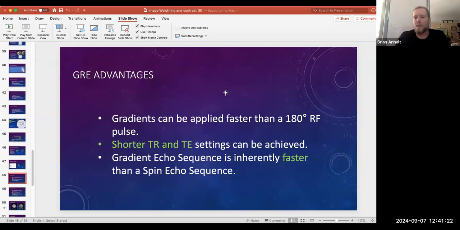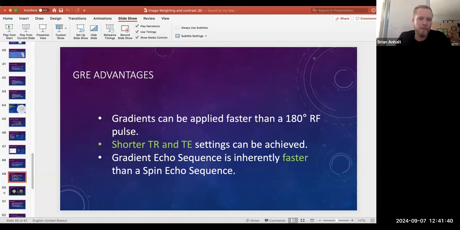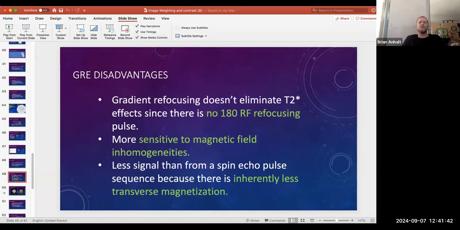Gradients can be applied much faster than the 180-degree RF pulse, meaning shorter TR and TE settings can be achieved. Gradient echo sequences are inherently faster than spin echo sequences. That was essentially the first reason they created them, was for speed. There's a lot of other different benefits too, and limitations as well.